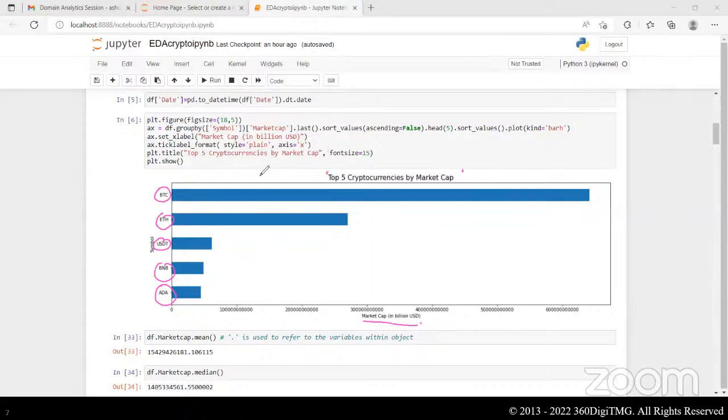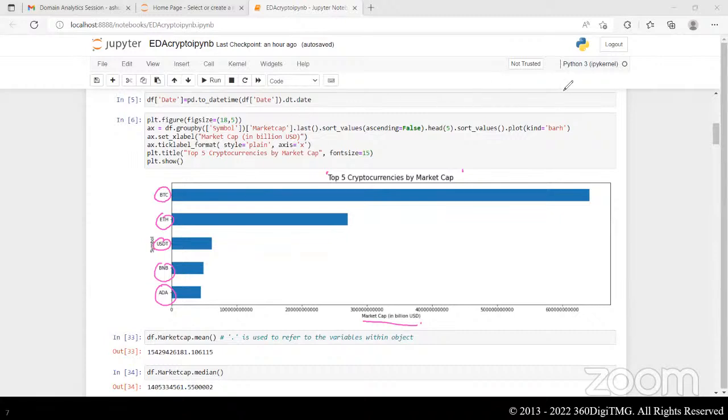Here we can see Bitcoin is the highest value according to the market cap, and Ethereum is 50% of it. Others are very small in comparison, and USDT is 3 times less than Ethereum.